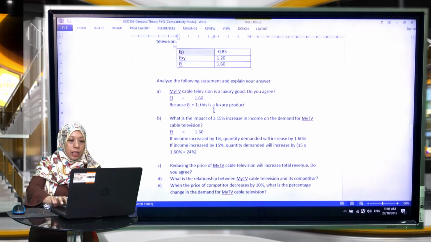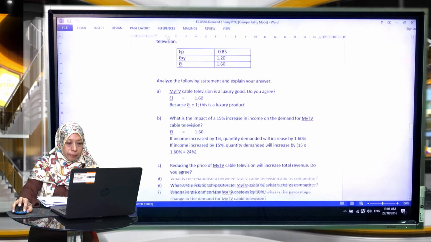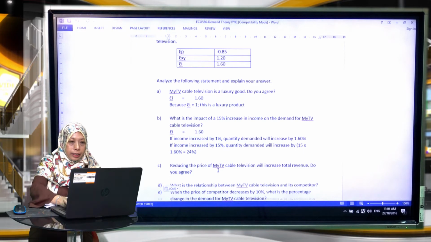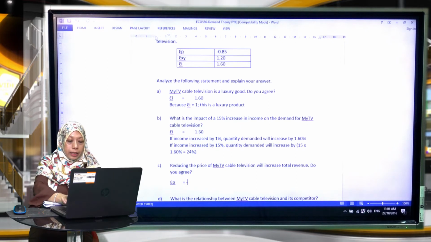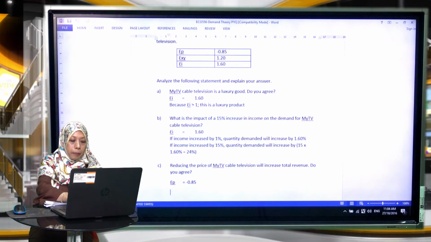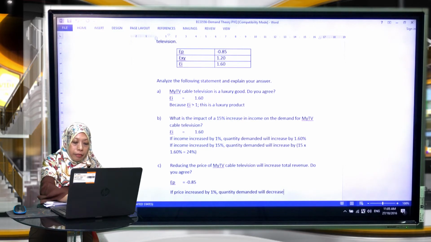It means if price increases by 1%, quantity demanded will decrease, because of the negative sign, by 0.85%.